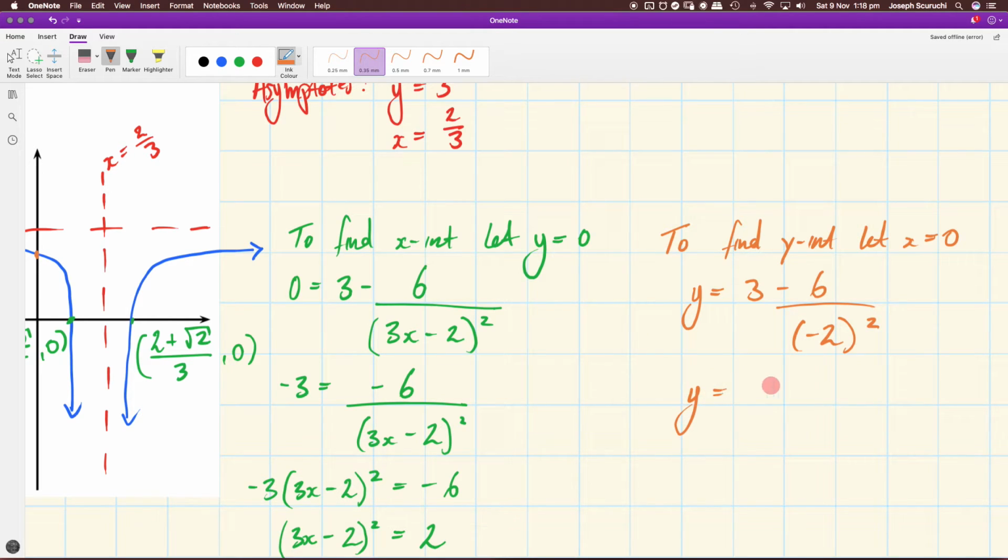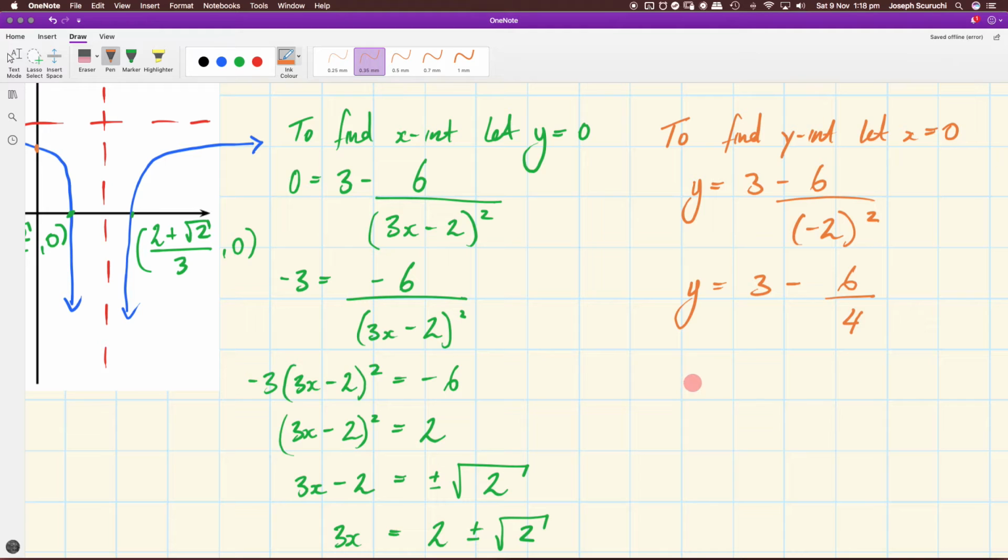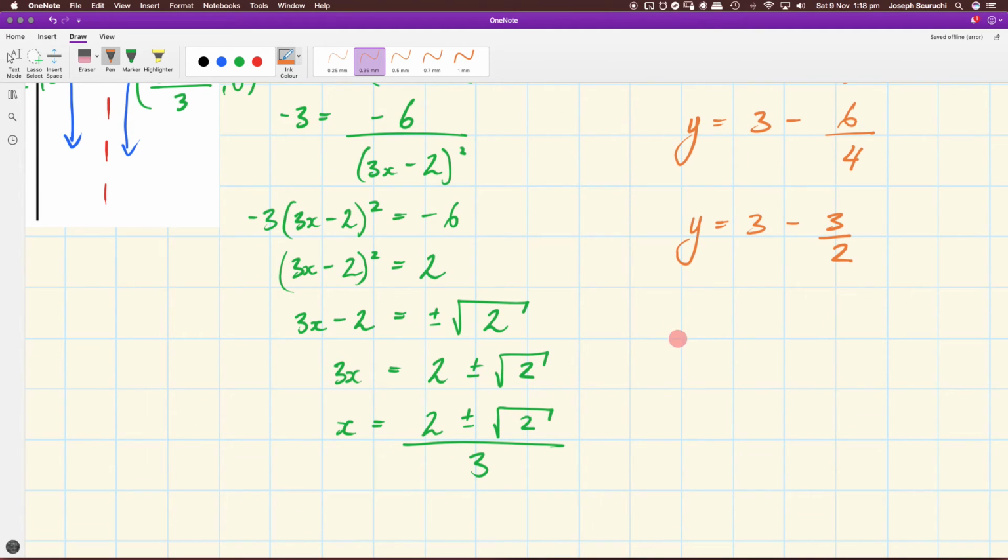I'm going to have y equals 3 minus 6 over 4, which is the same as saying y equals 3 minus 3 over 2. I then need a common denominator. So this will be 6 over 2 minus 3 over 2, which will equal 3 over 2. Too easy.